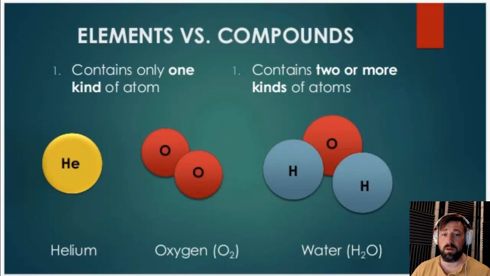First off, what's the difference between an element and a compound? That's going to be our first step. One, an element is anything that contains one kind of atom. So just a helium atom by itself, that's going to be an element. An oxygen diatomic molecule, which is oxygen and oxygen, is also an element. So an element is basically anything that has only one type of atom in it.